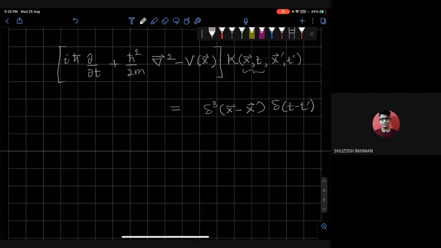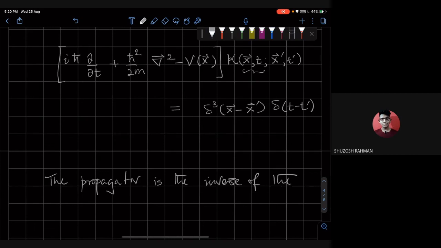So in mathematics literature, in a precise sense, the propagator is the inverse of the wave operator.